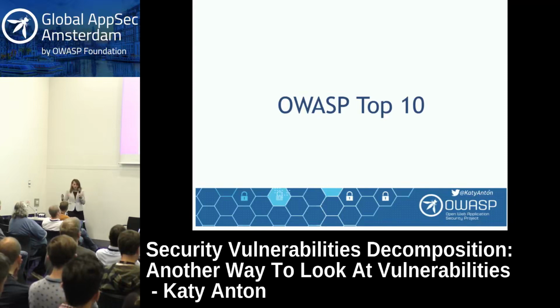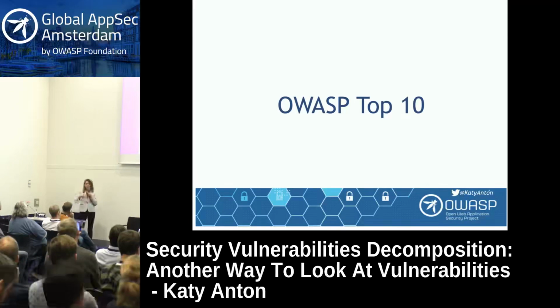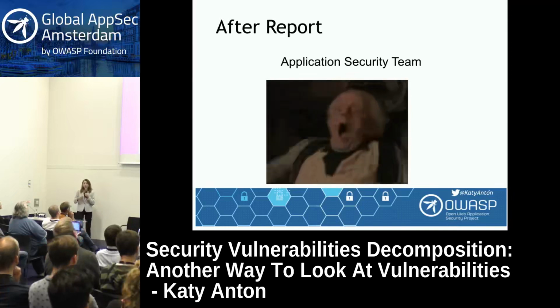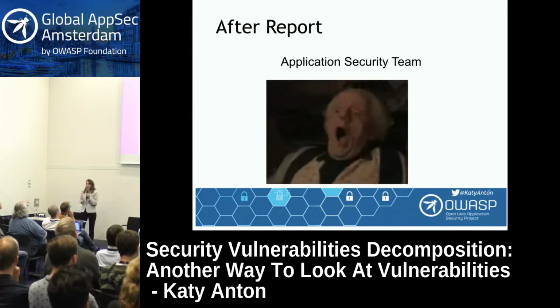And then we develop these policies that contain all the OWASP Top 10, because why not put them all? And then we run applications through various tools, static analysis, dynamic analysis, to see how those applications fare against these policies. And then we get the reports, and the reports are sent to the application security teams, and then to the developers.